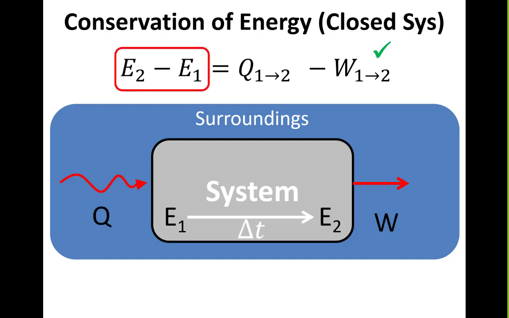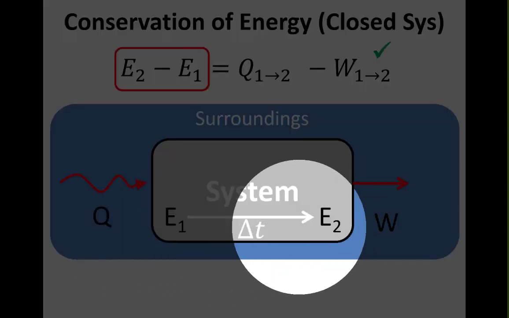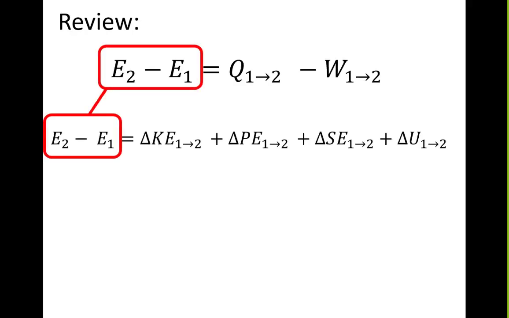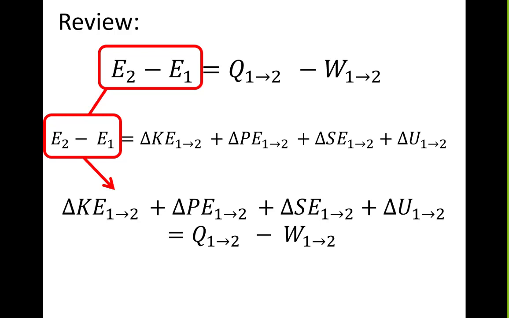The next thing that we'll usually do is find how the energy in the system changes, right? So we know that this delta E is really a sum of all the different types of energy changes that we could see, right? So delta E is really delta KE plus delta PE plus delta SE plus delta U. Now, in the problems that we'll talk about, it's not that kinetic and potential and spring energies are zero.